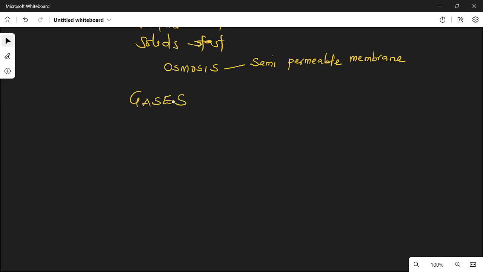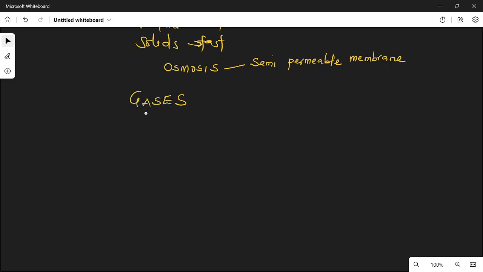They don't have definite shape, they don't have definite volume, they have high compressibility. Solids and liquids still show some similar properties, but gases are different from solids and liquids. That's why scientists said, let us take time to actually talk about gases because of their different characteristics.